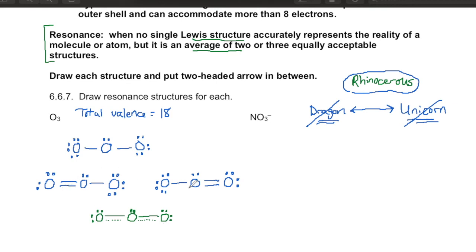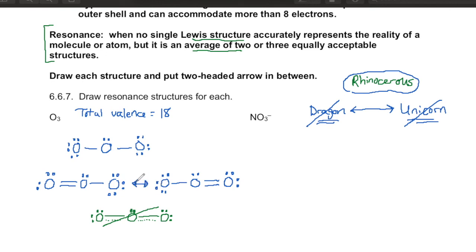These are both proper Lewis structures, but these proper Lewis structures are sort of imaginary representations of the real structure that can't be represented with a Lewis dot structure, unfortunately. So since we can't draw it like this, we have to draw these 2 Lewis structures and then just show that they both contribute to the real structure by putting a 2-headed arrow in between.